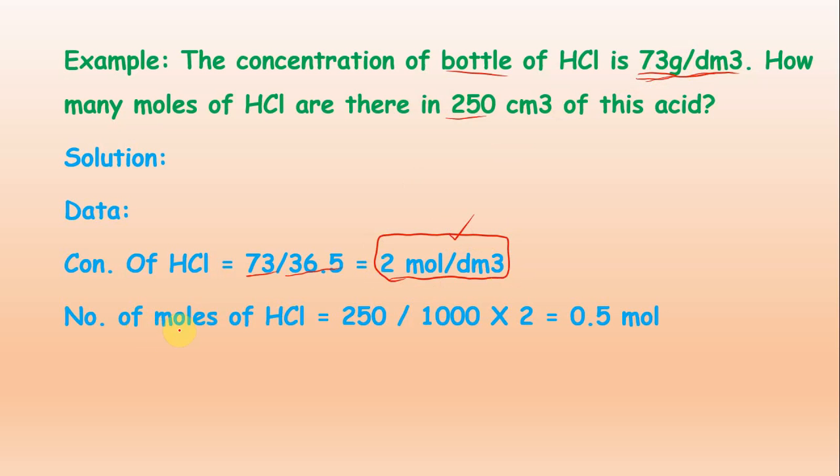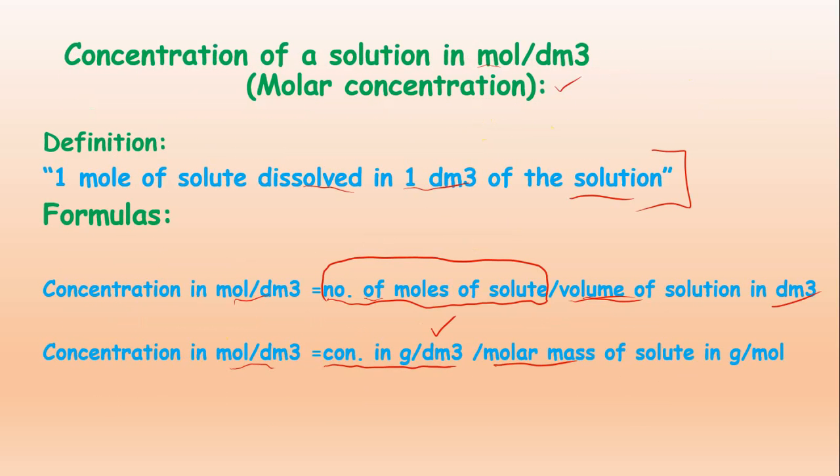Now the number of moles of HCl: 250 cm cube is the volume. So how can we calculate the number of moles? Look at the formula, this one. If we replace the number of moles here, then concentration will be there. So this is related to both formula number 1 and 2.